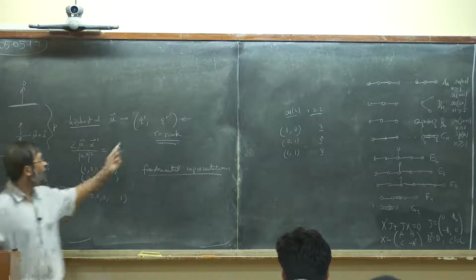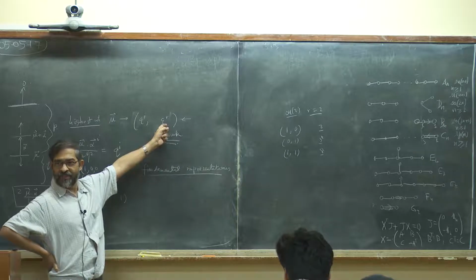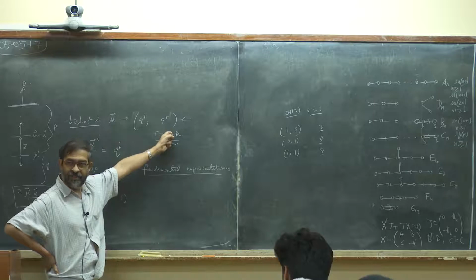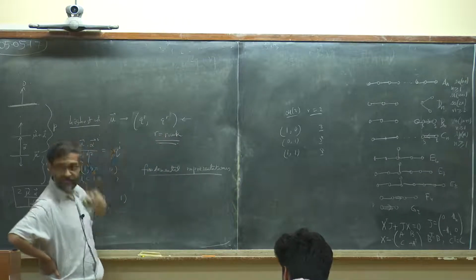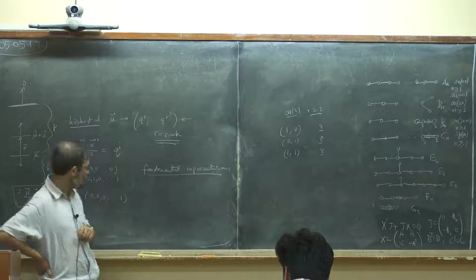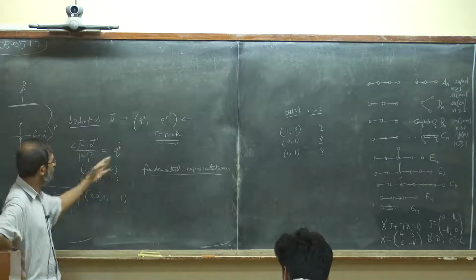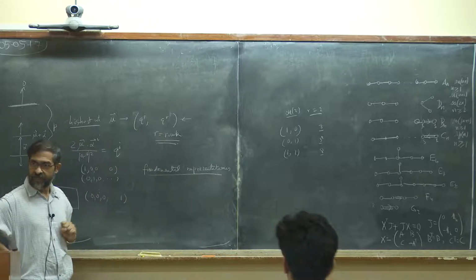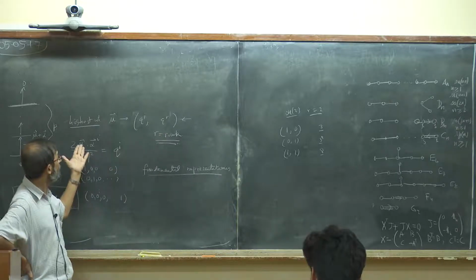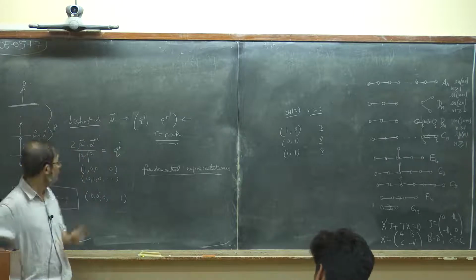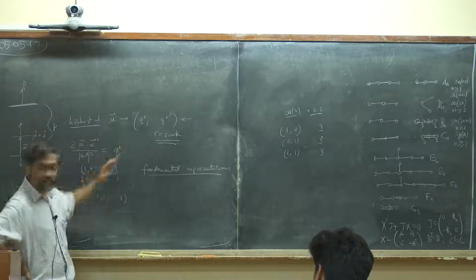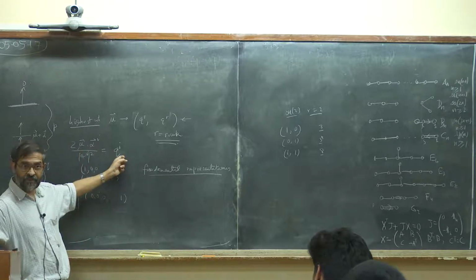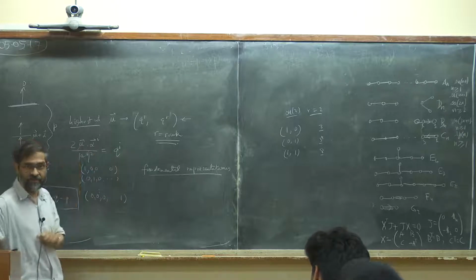The other way around is also true: if you are given r positive integers, you can construct a mu out of these. That is to say, there is a solution of this equation for any r positive integers, so that this is the highest weight. So it is both ways. Given a mu, you can find the q's. Given a q, you can find a mu.